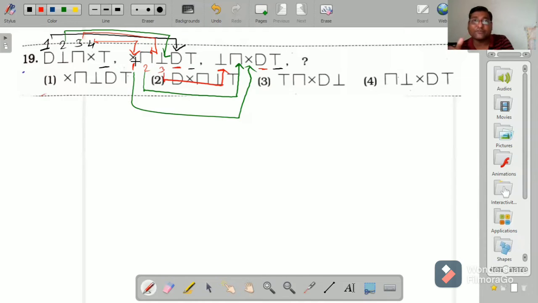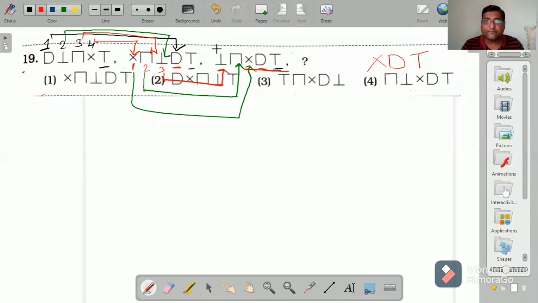Now in the third and fourth, what will happen? Two symbols will change their places in reverse order. So the other three symbols will most likely continue as they are. So this is the third symbol, this is the fourth, and this is the fifth.